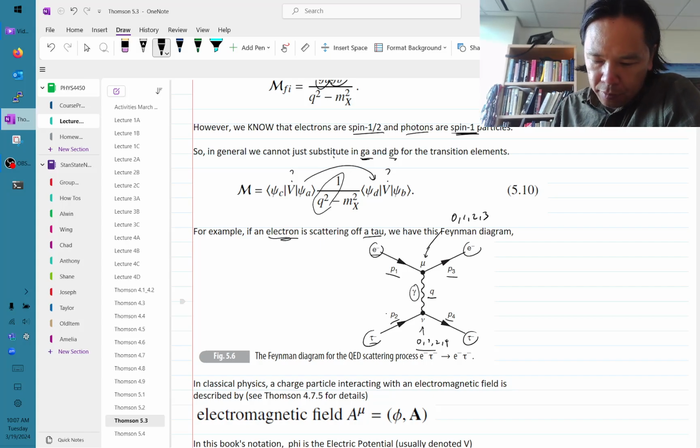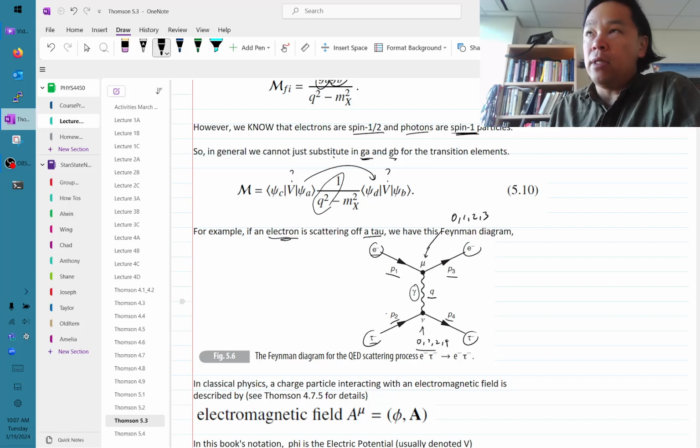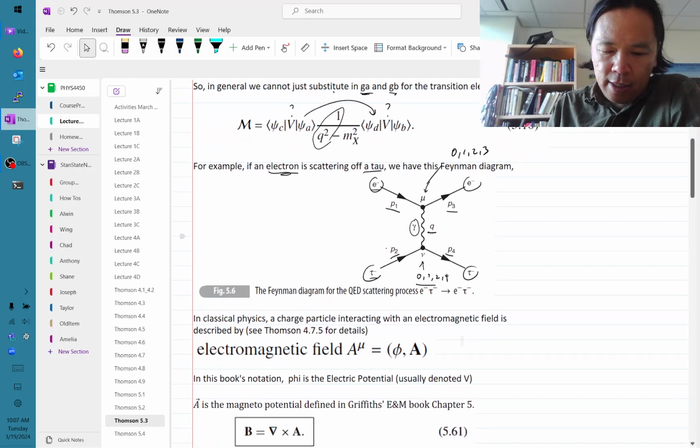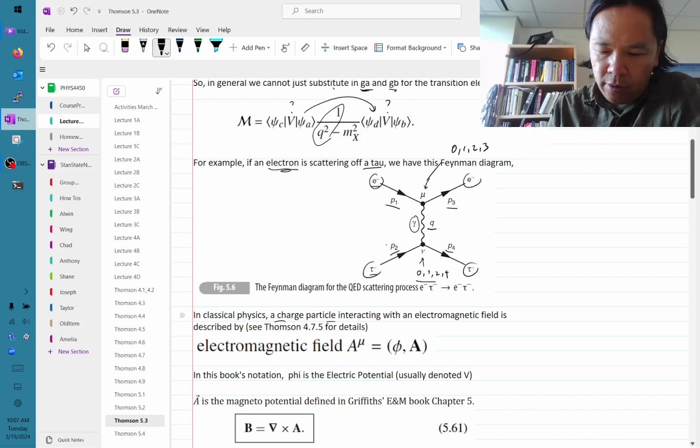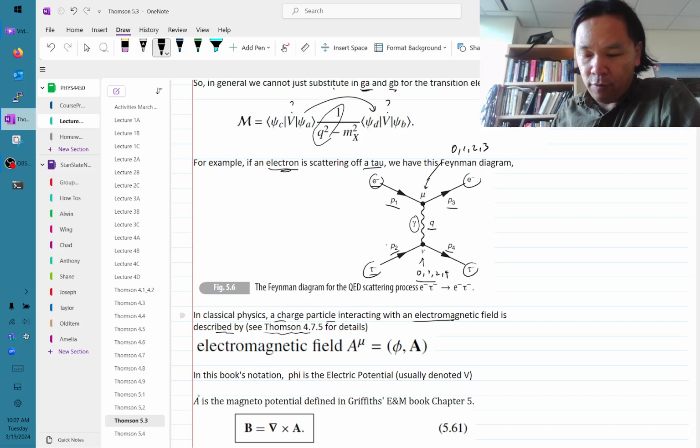So how do we deal with two particles scattering off each other? In classical physics, if a charged particle interacts with the electromagnetic field, this is described in a little bit more detail in the optional section 4.7.5. I think you shouldn't need to read through that, but if you want to, you can.